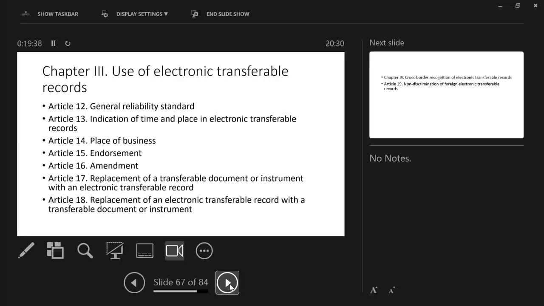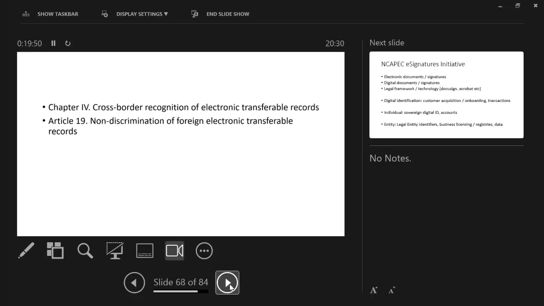But in Article 18, it actually goes the other way as well. Is there a way to get a paper-based version out of the system, which also may be important in some context? And this idea of cross-border recognition and non-discrimination.